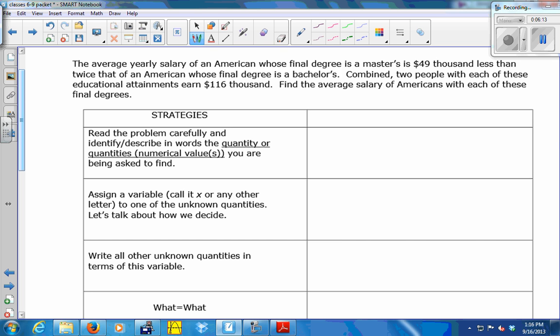Strategies. Read the problem carefully, identify and describe in words the quantity or quantities you're being asked to find. So we're being asked to find average salary for a BA and average salary for an MA.